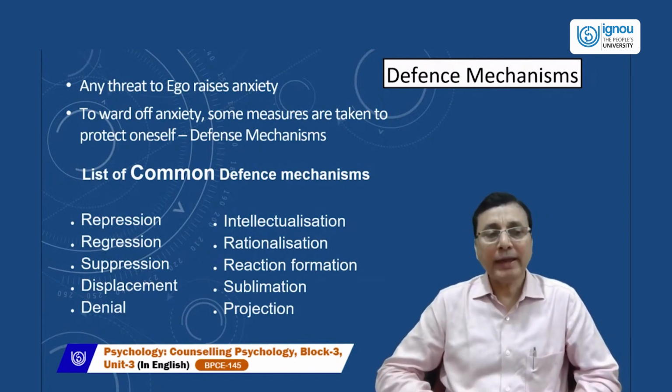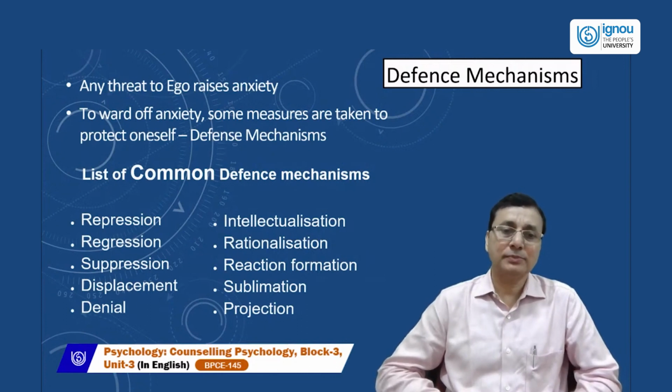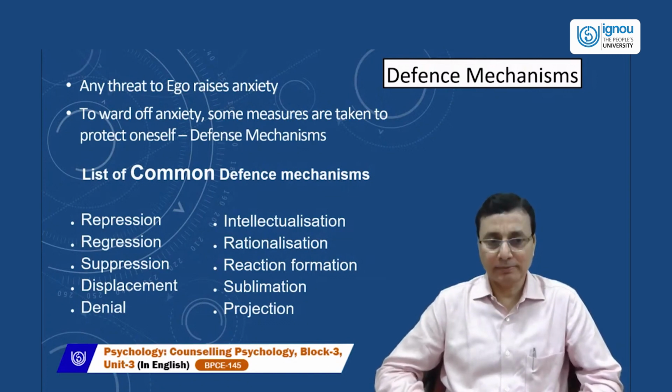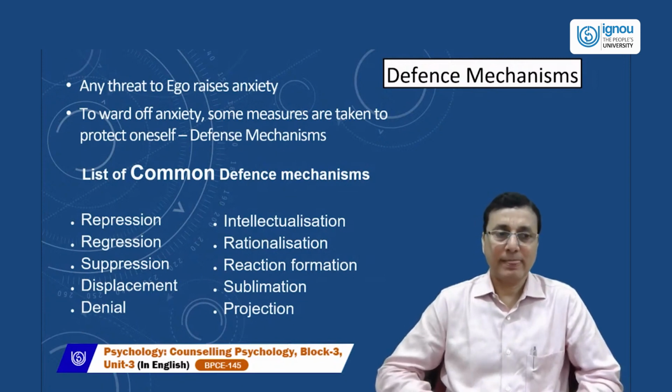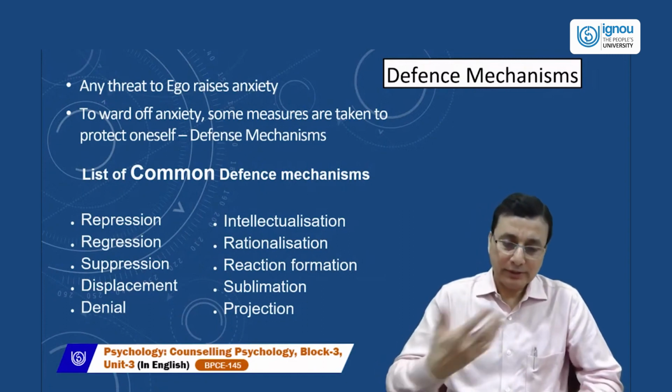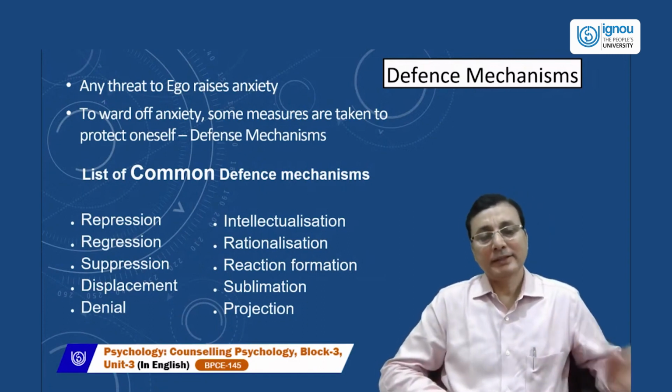Regression means going back to the earlier stages of development, like a 40-year-old or 20-year-old person behaving like a 5-year-old or 10-year-old child. Displacement means you want to hit someone, but you are hitting someone else.